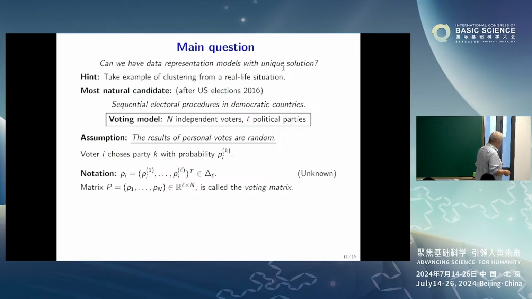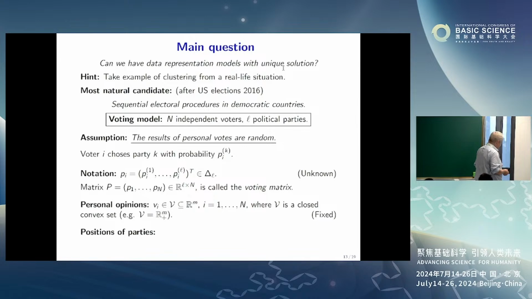This is the vote. We know the personal opinion of the voter.